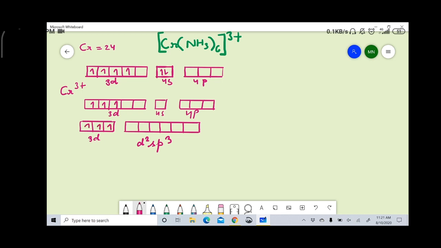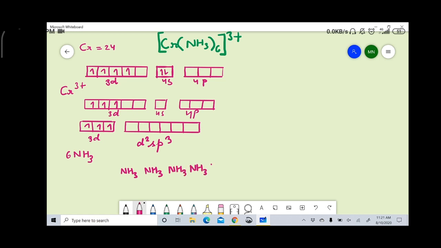When this metal ion forms a complex with 6 ammonia ligands, first its inner 2 d orbitals and outer s and 3 p orbitals get hybridized to give d2sp3 hybrid orbitals.